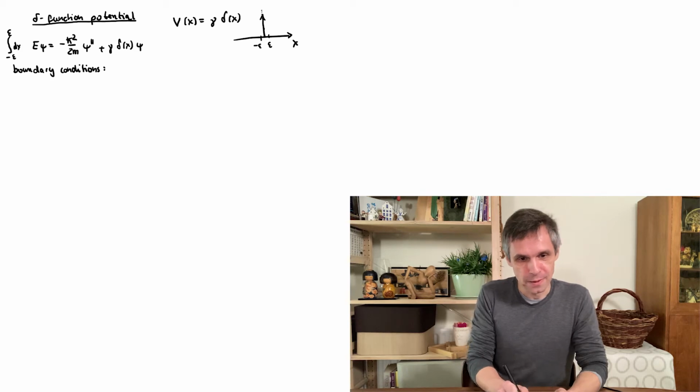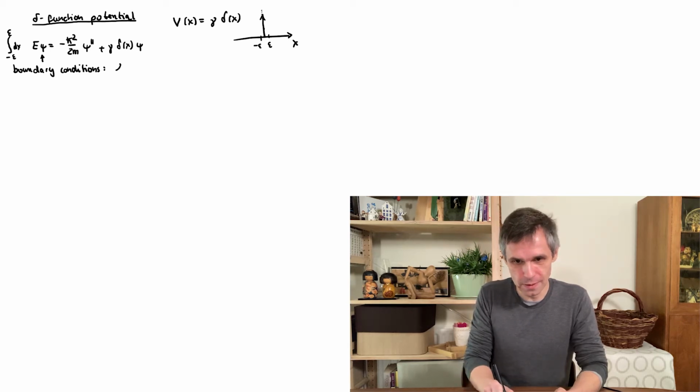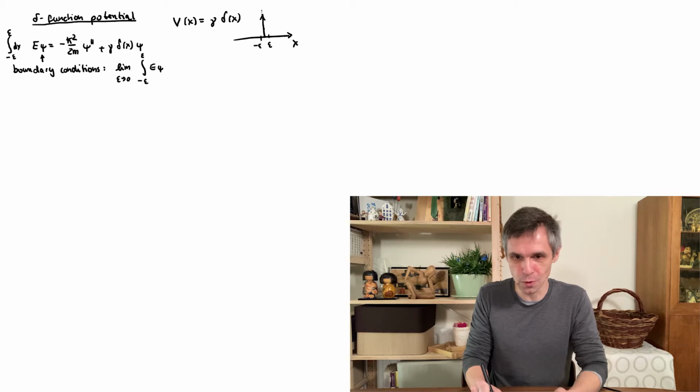So if we do this on the left-hand side, then we will basically get nothing when the interval is very small. So in the limit that epsilon goes to 0, this integral of E times psi just does not pick up much because the function will be finite and we have a very small interval. So for a very small interval, and indeed a vanishing size of that interval in the limit, we just obtain 0.